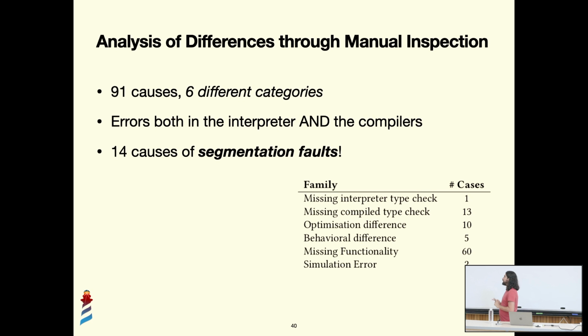The question was, what do I mean by optimization differences? So I will take a step back, and I will not claim that these are bugs. Yes, these are differences. This approach finds differences in the behavior of both. Now, maybe some of them are bugs and some of them are not. We found these optimization differences.